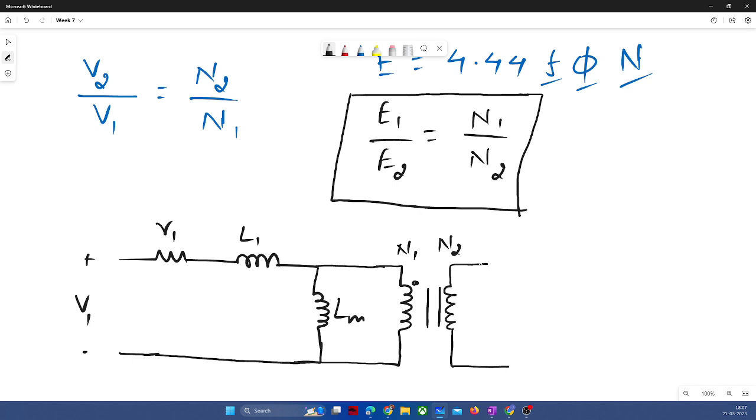As we move towards the secondary side, we will again have some resistance and inductances. Why? Because the secondary side also has a winding, and winding is made up of some wires. So wires should have some resistance and inductance.